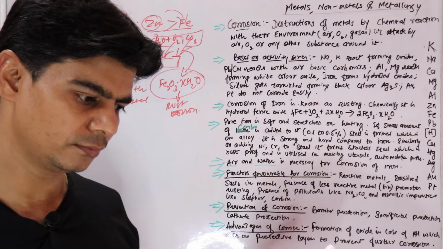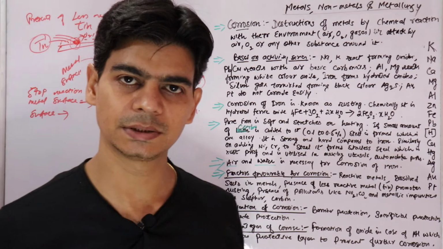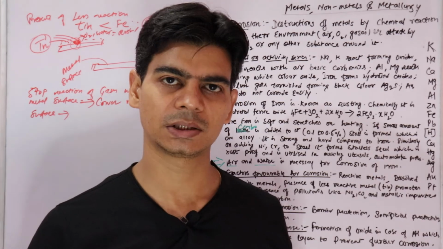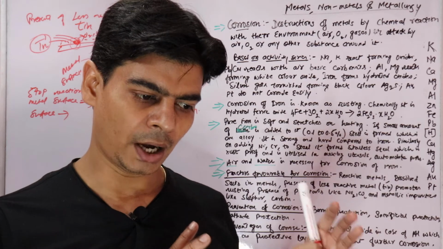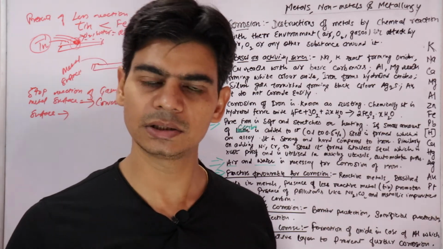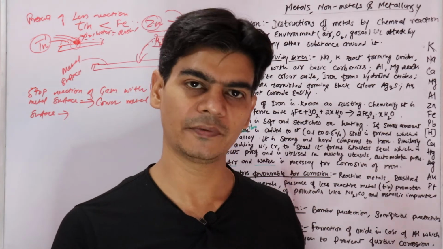We know that rusting of iron takes place, and in order to prevent the rusting of iron, it is painted regularly. The reason for painting iron material is to prevent rusting.